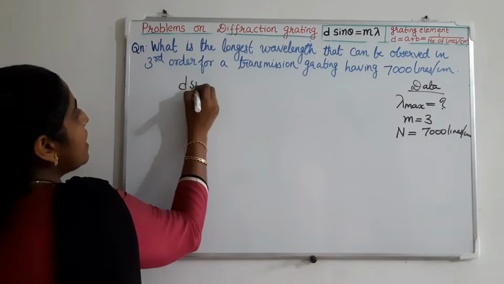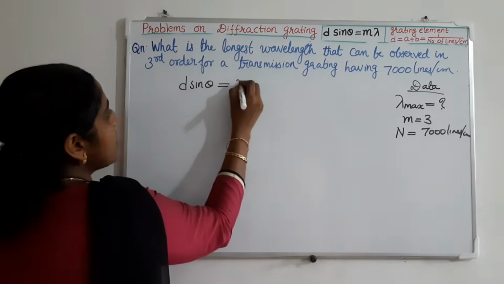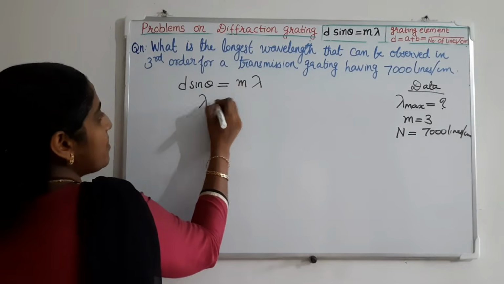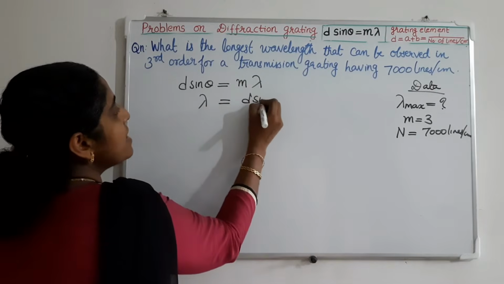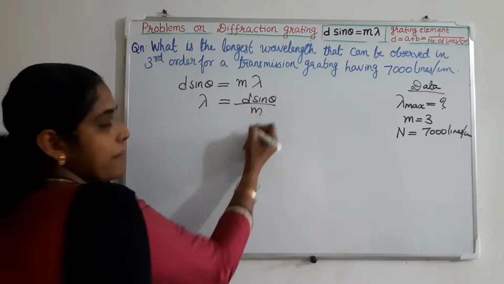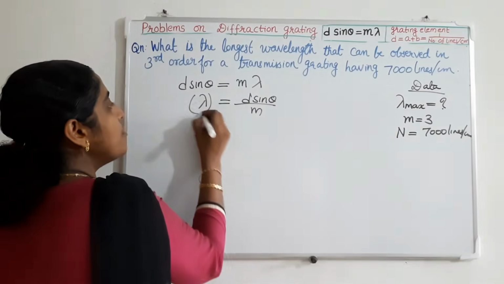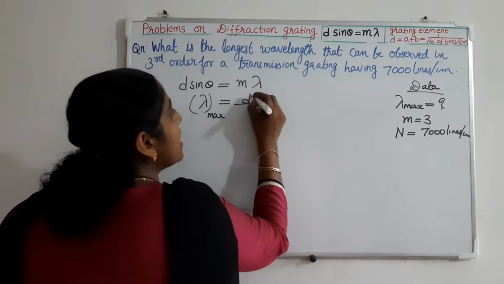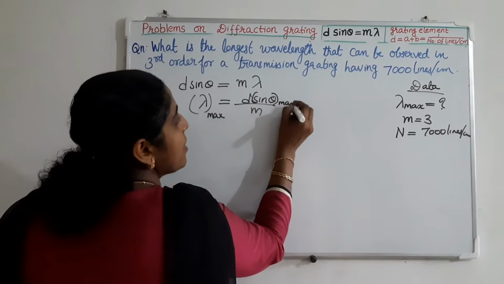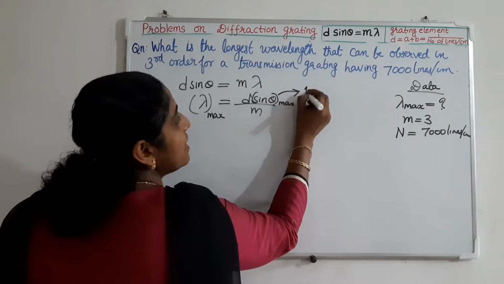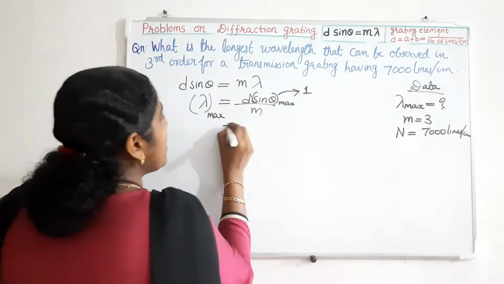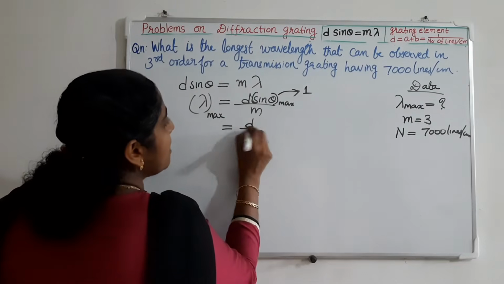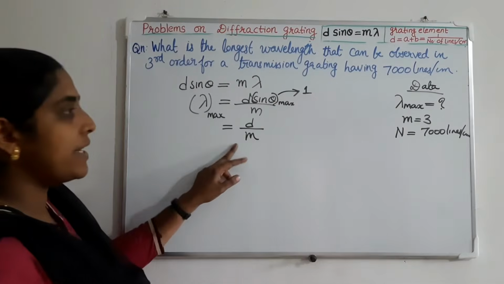We can write the grating equation d sin theta is equal to m lambda. From that, lambda is equal to d sin theta divided by m. For the lambda to be long, that is for the maximum wavelength, sin theta must be maximum. What is the maximum value of sin theta? That is equal to 1. So the maximum value of wavelength lambda is d divided by m.